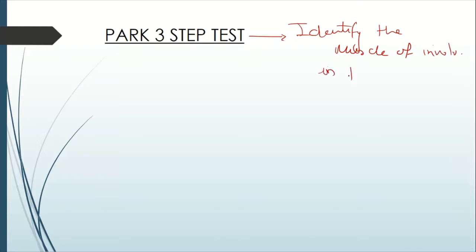Now what is the PARK 3-step test? It is basically used to identify the muscle of involvement in hypertropias. What are hypertropias?